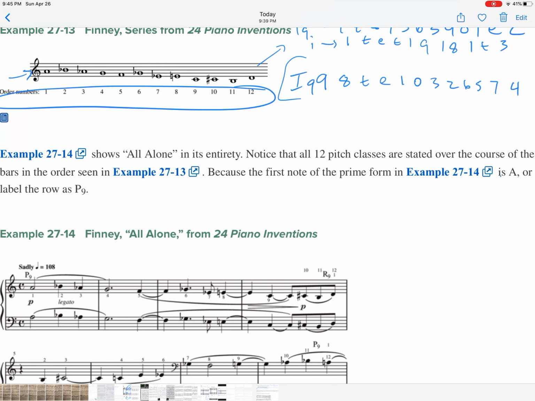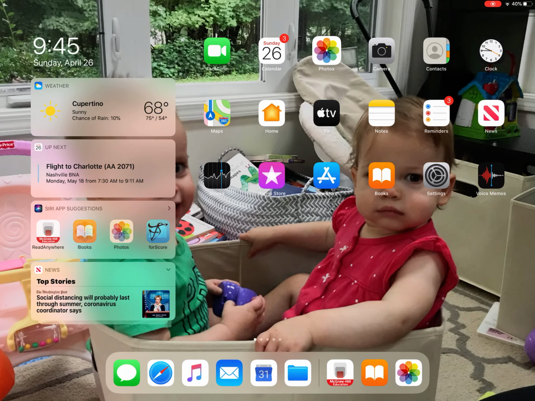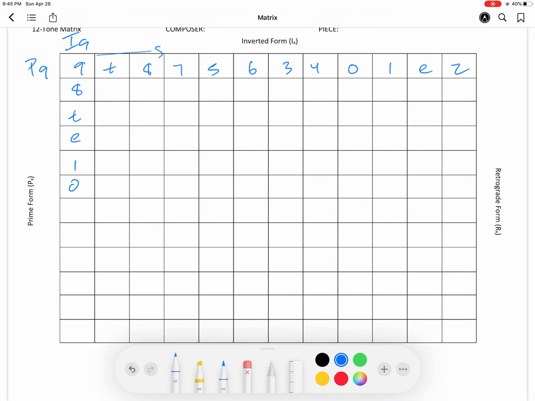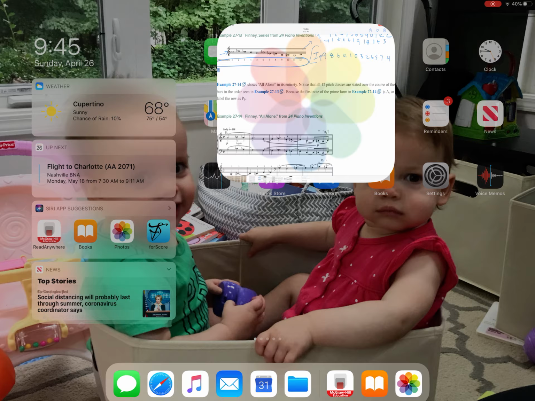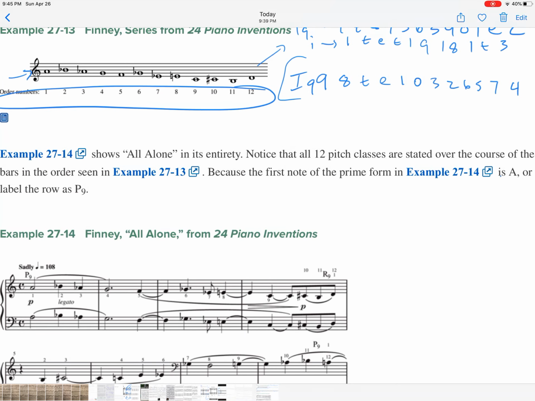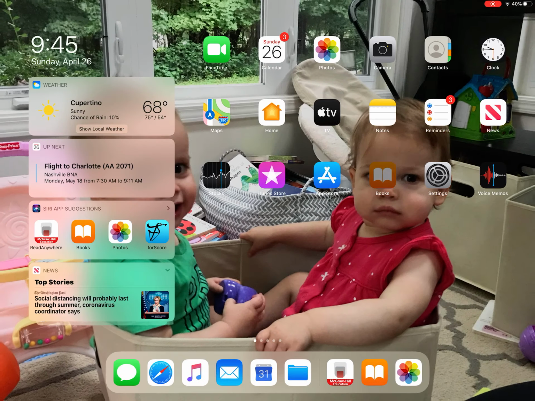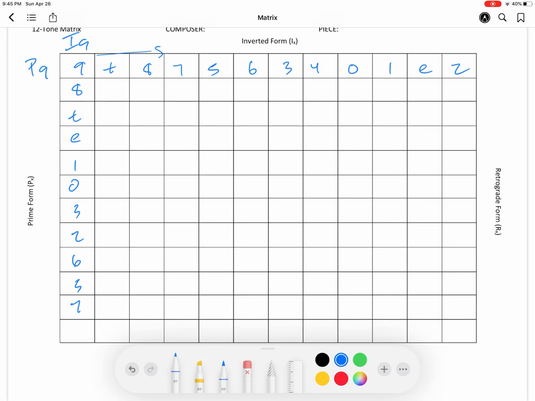For some reason, it's not wanting to go back to photos. There we go. 9, 8, 10, 11, 1, 0, 3, 2, 6, 5, and 7, 4, my last two. There we go. So there's my I form going down.